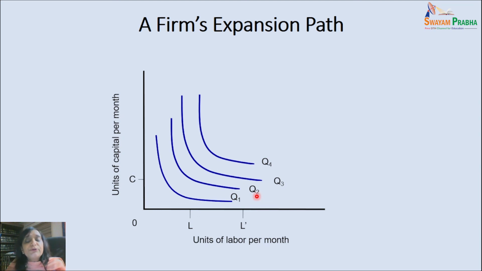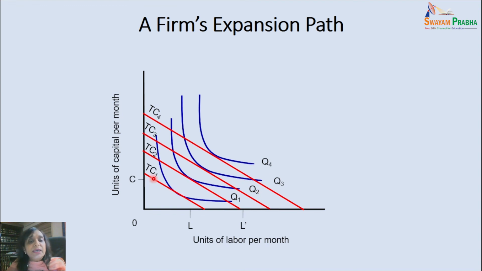In order to draw the expansion path, we will find the tangency of these isoquants with their respective isocost lines. So you see that to Q1, TC1 is tangent, TC2 is tangent to Q2, TC3 is tangent to Q3, TC4 is tangent to Q4.